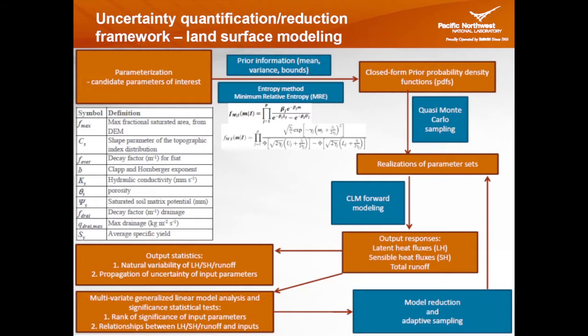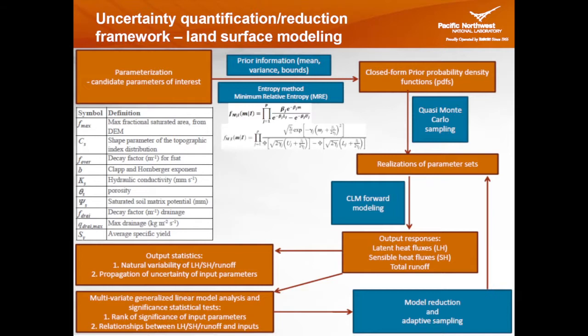And then we generate ensemble parameter sets and run ensemble runs using the CLM forward model, the direct model. Here we can apply parallel computing. We run all the cases simultaneously on the supercomputer, so several hundred cases at the same time. So in a few days, we get all the results.